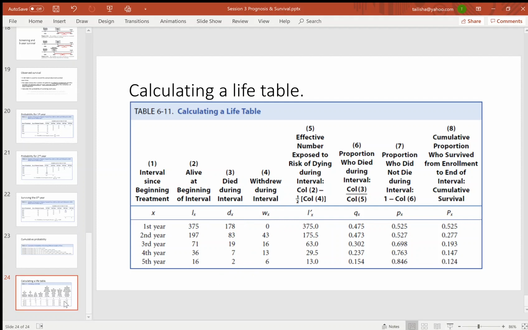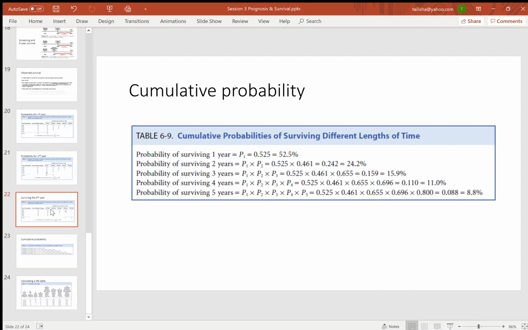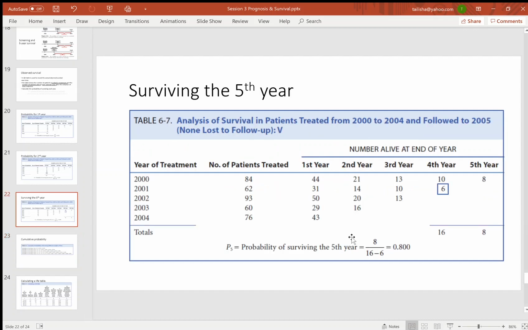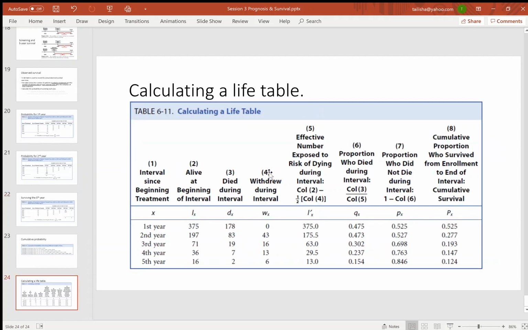Who withdrew? So this was a tricky one if you missed it. When you were subtracting, you would have come up with a difference of the people who were alive and the people who were treated, and that would have been your withdrawal. The people that didn't die, they just didn't participate in the study.